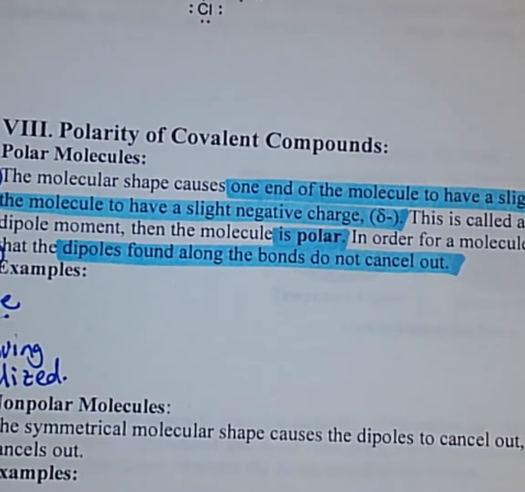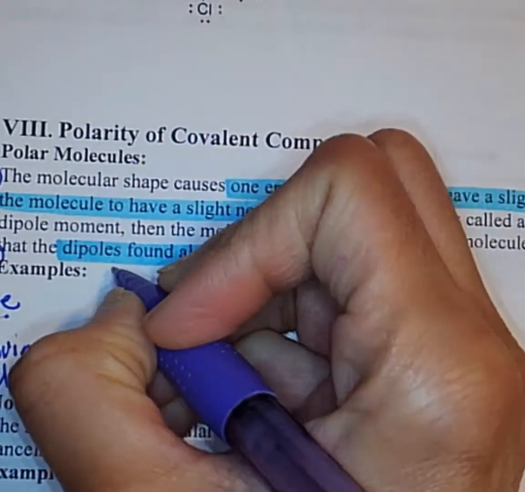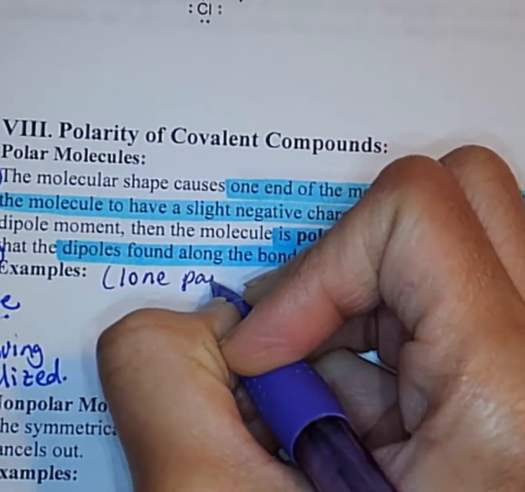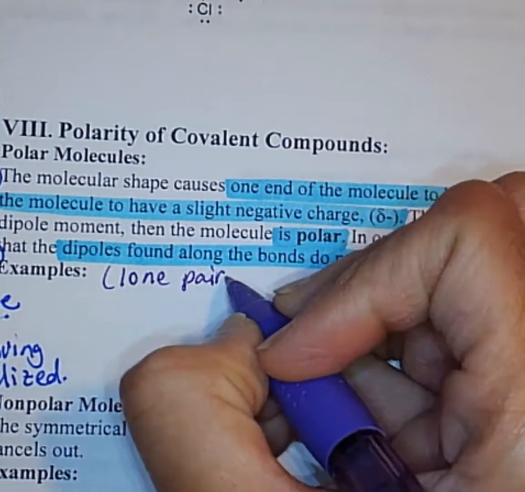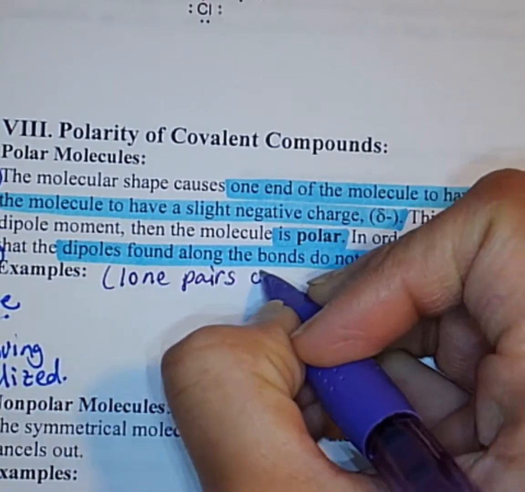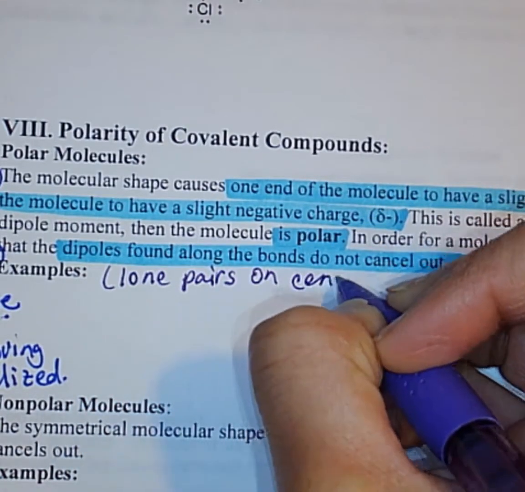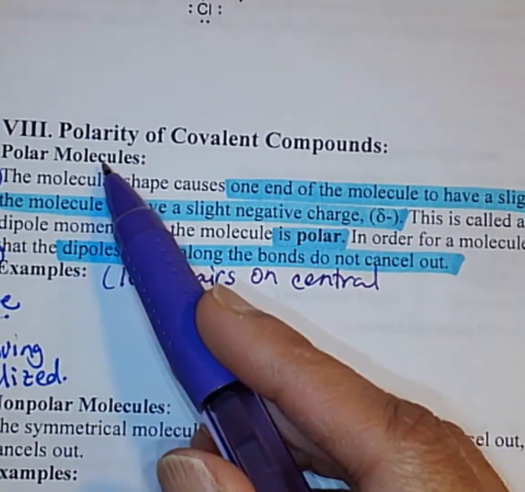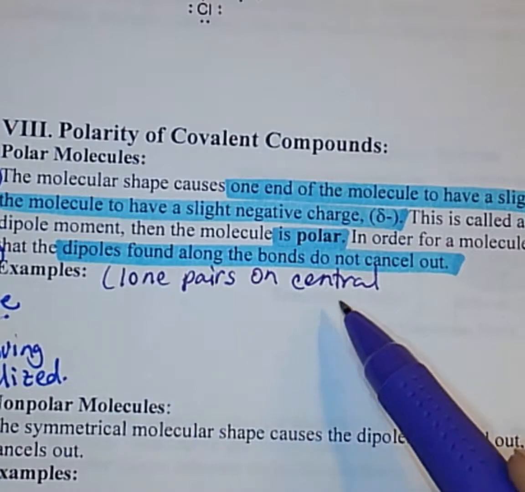One thing that you do need to remember when we talk about these electrons is that they have a lone pair on the central atom. So when you're trying to identify whether something is a polar molecule, you always want to look at the central atom.